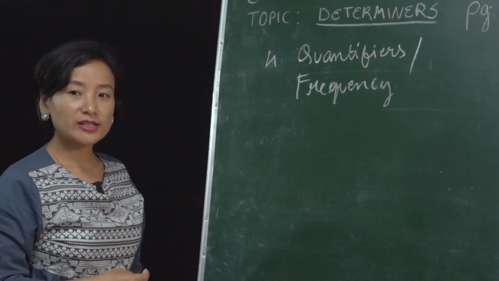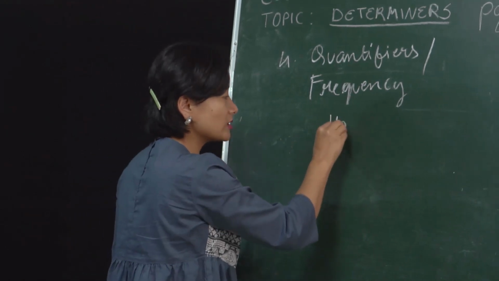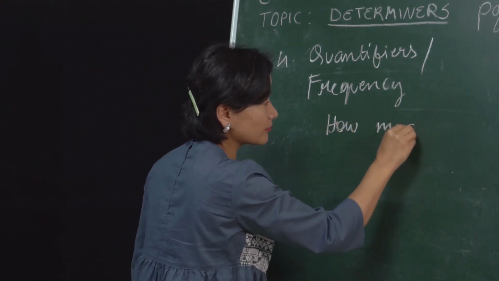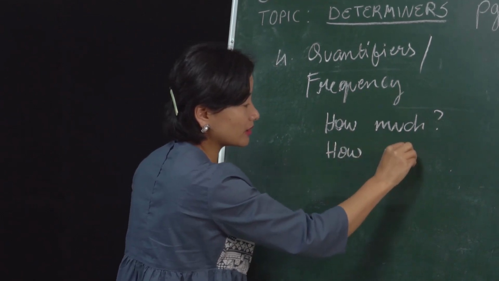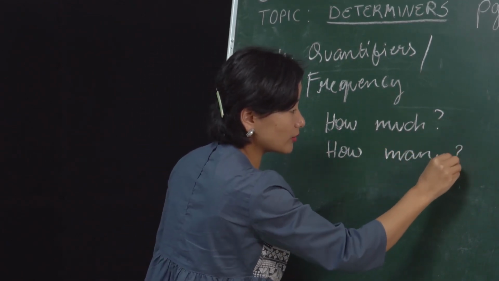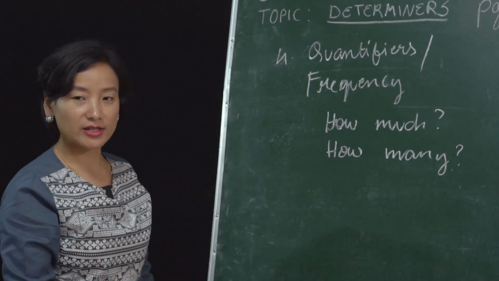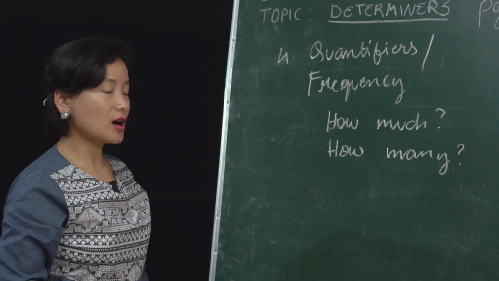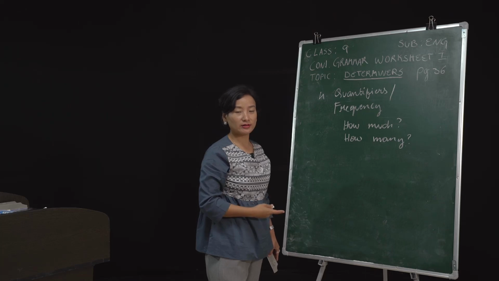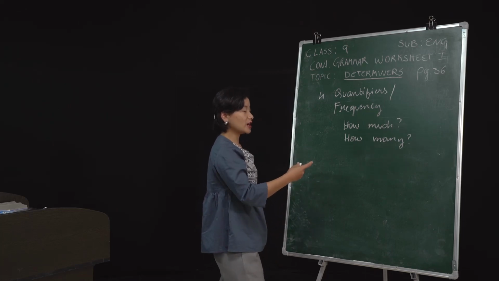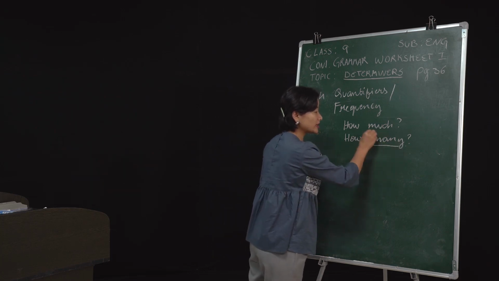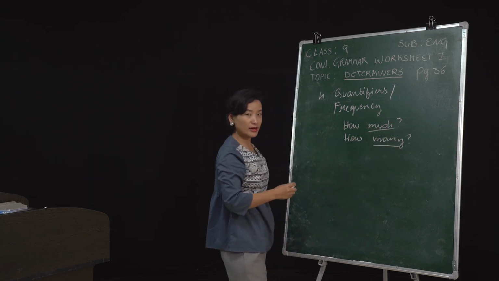In other words, it answers the questions, how much or how many, and qualifies a noun. So, how many apples are in the basket, or how many people are there, all right? And so on. So here it qualifies a noun and it is also telling us about numbers here.